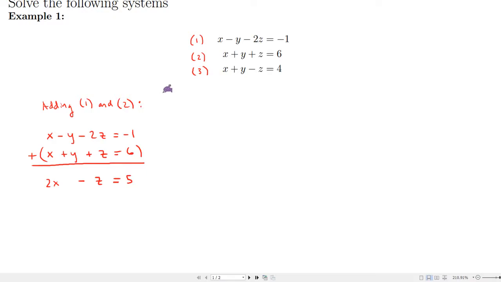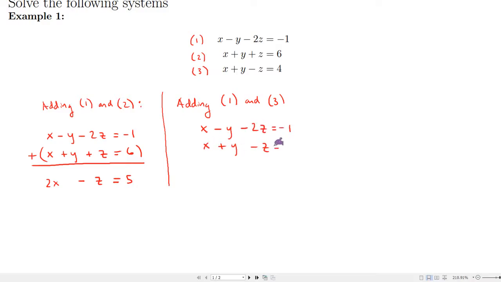Now adding 1 and 3, similarly we're going to eliminate the y variable. So x minus y minus 2z equals negative 1, and x plus y minus z is equal to 4.